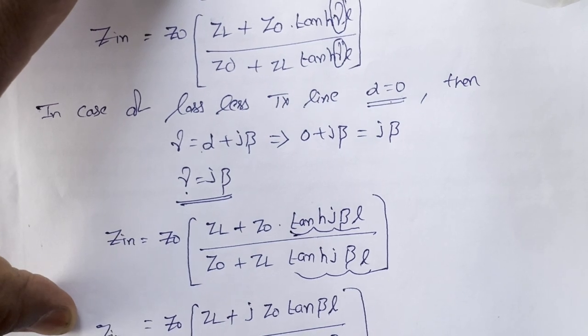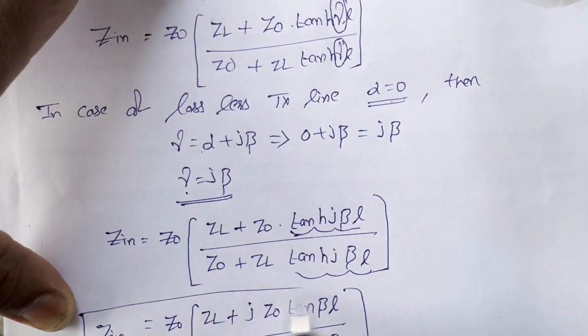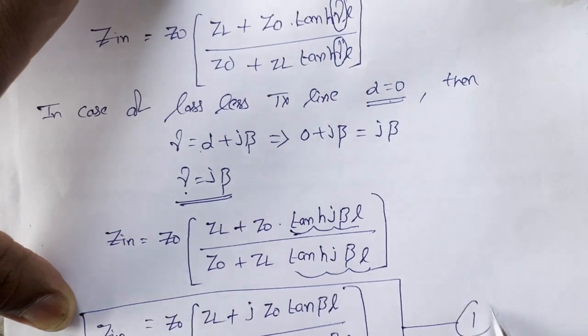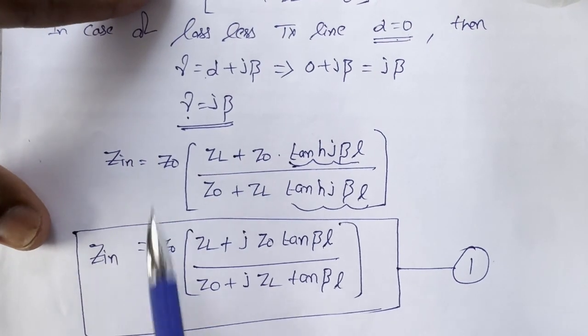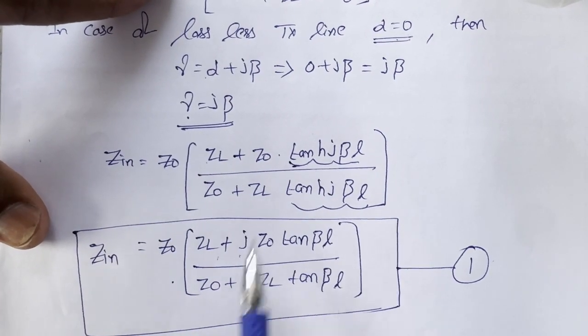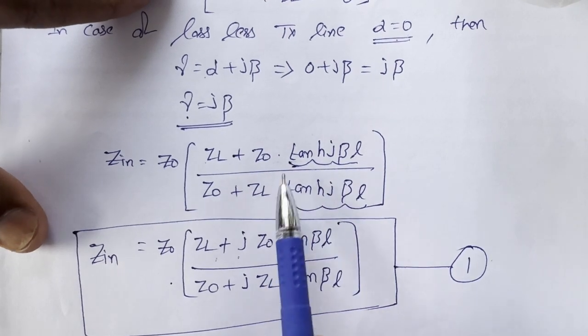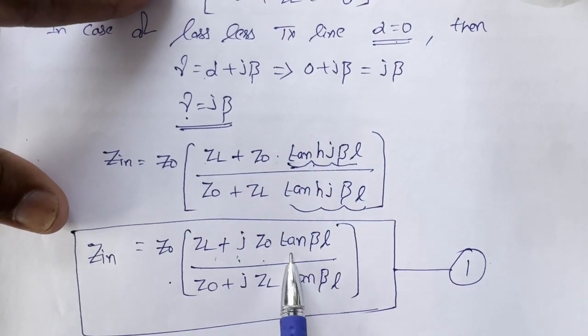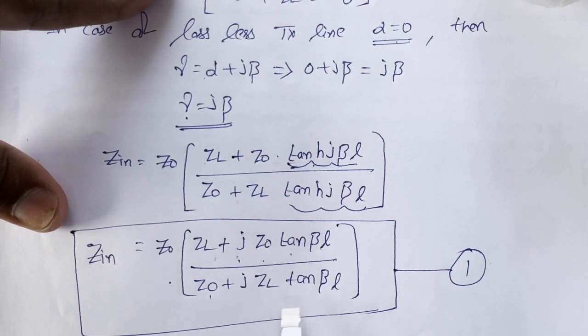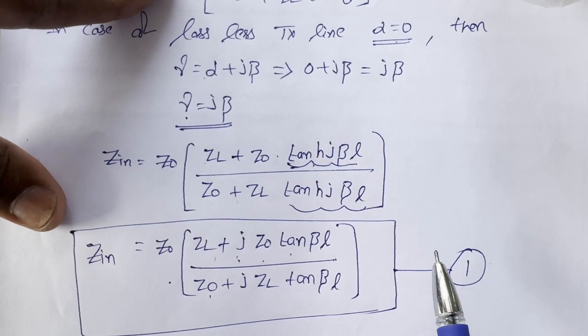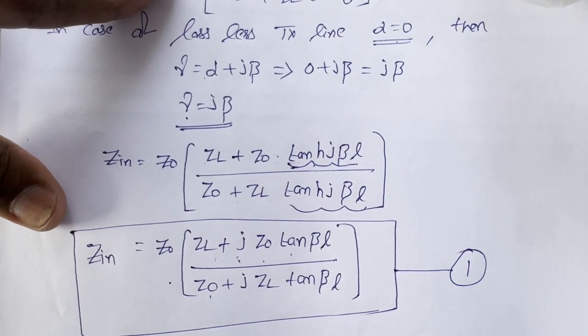Let it be equation number 1. Now with this equation we are finding the significance of all the lines.